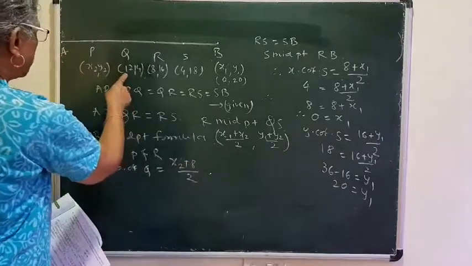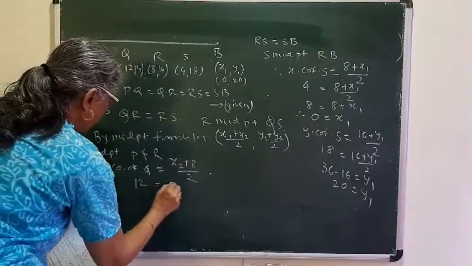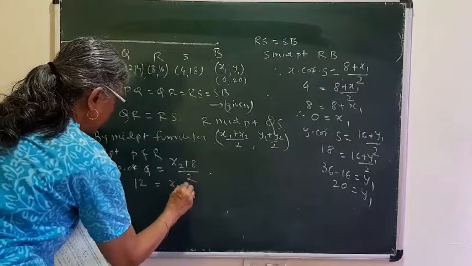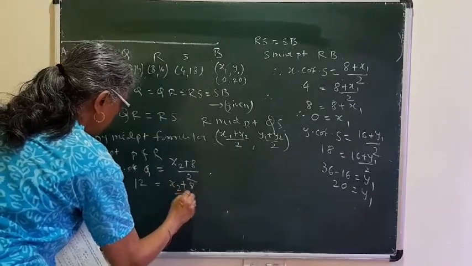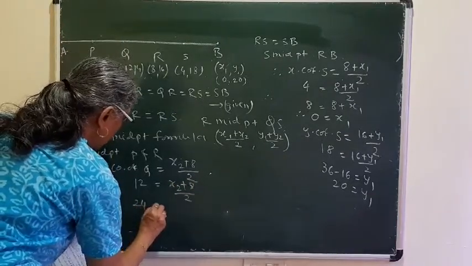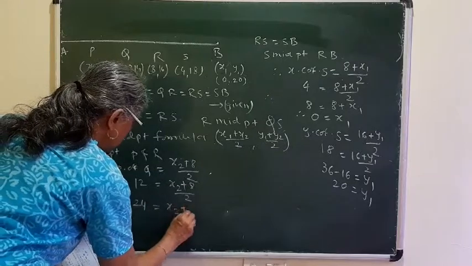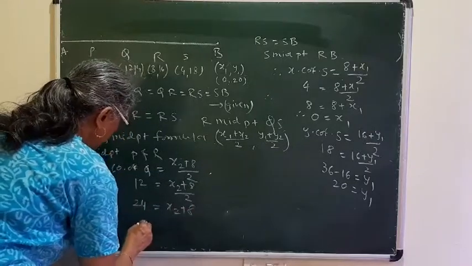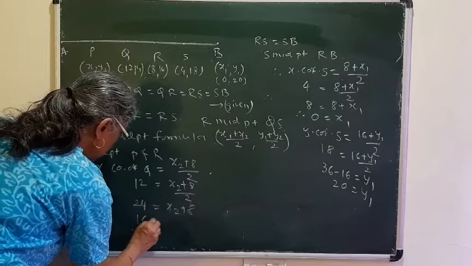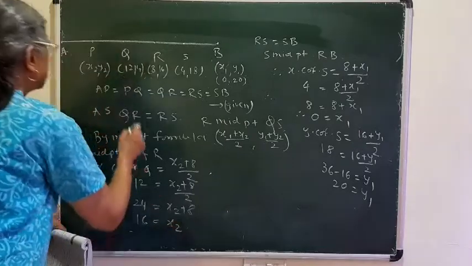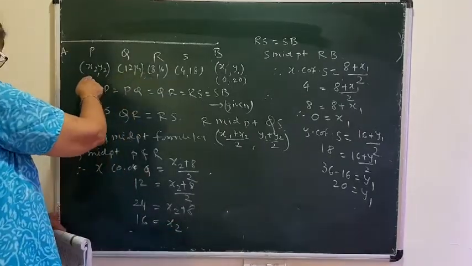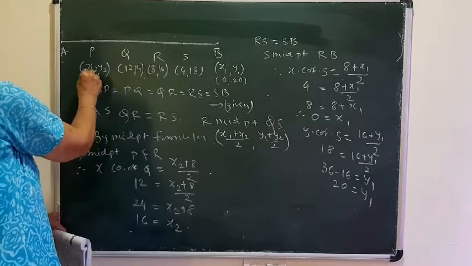What is the x coordinate of Q? They have given 12. We have obtained that 12. So x2 plus 8 by 2. So 24 is equal to x2 plus 8. So 24 minus 8, 16 is equal to x2. So here we have x2, which is the x coordinate of P, as 16.